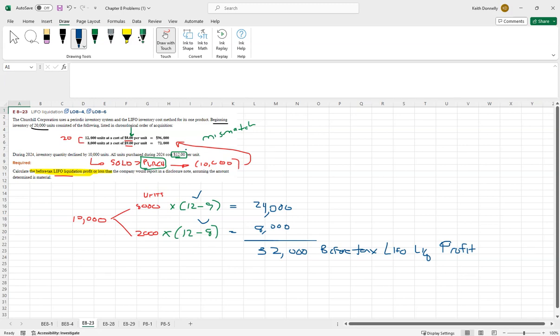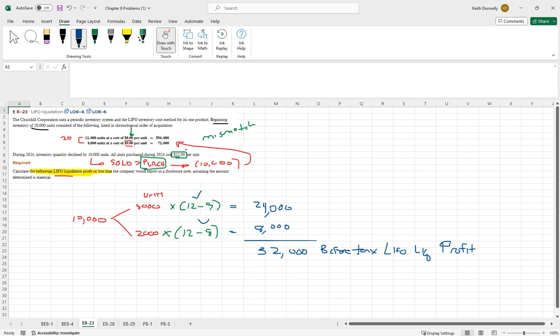So the answer key here, what does it say? When inventory quantity declines during a reporting period, which happened here, negative 10,000, liquidation of LIFO inventory layers carried at different costs, i.e. those ones we saw above, creates noncurrent costs being matched with current selling prices, i.e. the mismatch. Then it says if the resulting effect on income is material, it has to be disclosed.